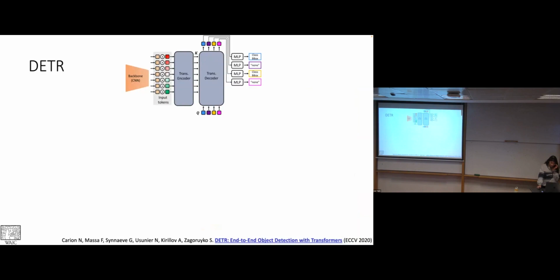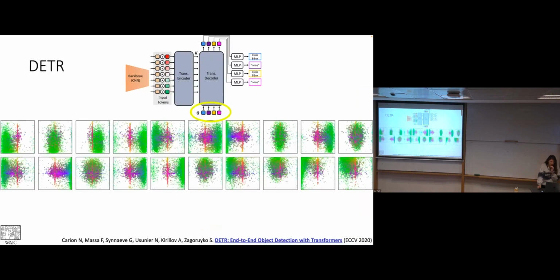So the last thing I wanted to show you is about the object queries and what they learn implicitly, and I think this is pretty nice. So what is seen here? This took only 20 queries from all of the 100 object queries that we have.